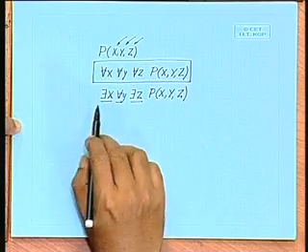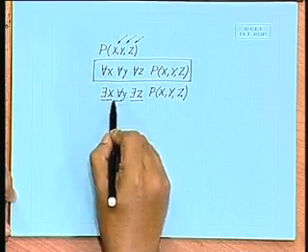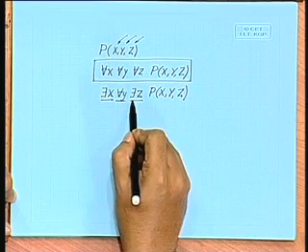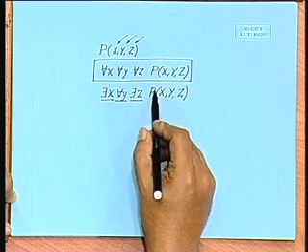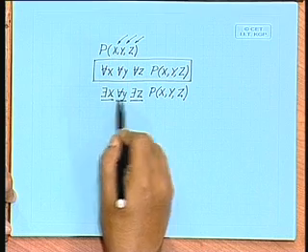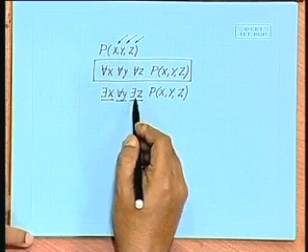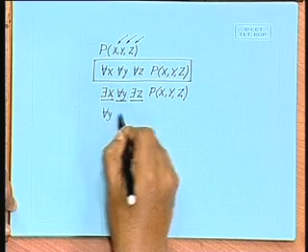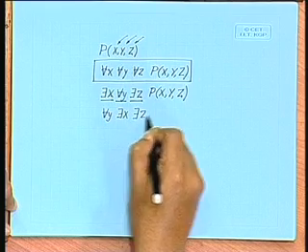I think you are familiar with these things from discrete structures. So, this means that there exists some value of x such that for all values of y there exists some value of z which satisfies p x y z, and it is not difficult to see that the positions of these for alls and there exists are not commutative. So, this is not the same as writing for all y there exists x, there exists z, p x y z.